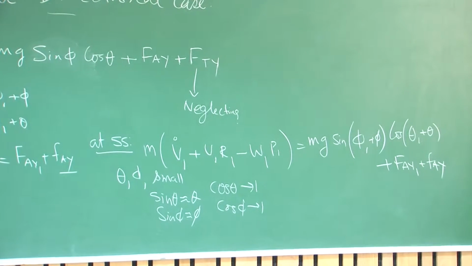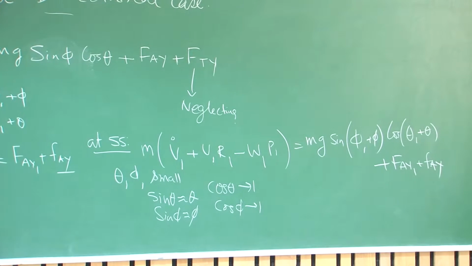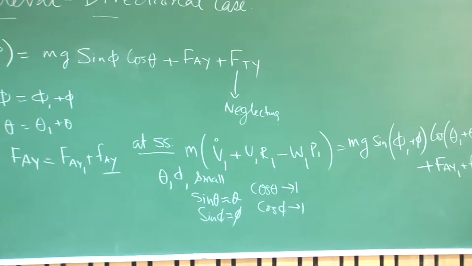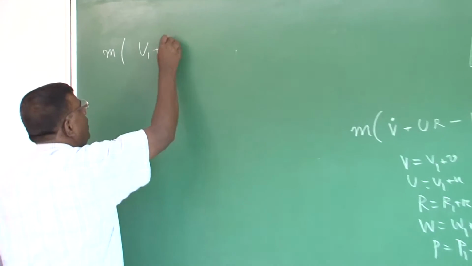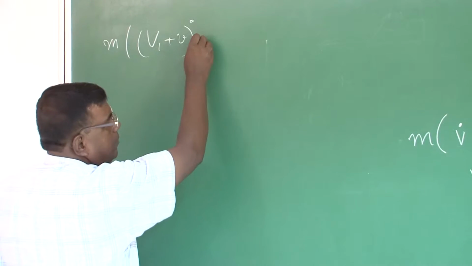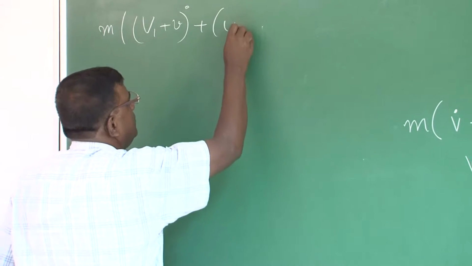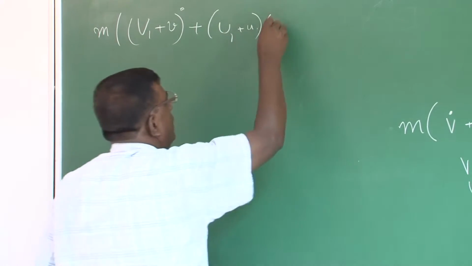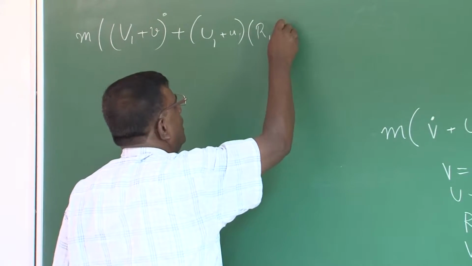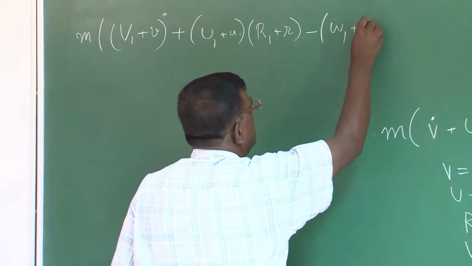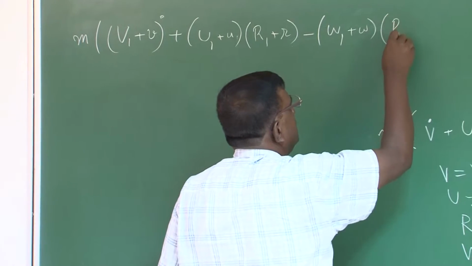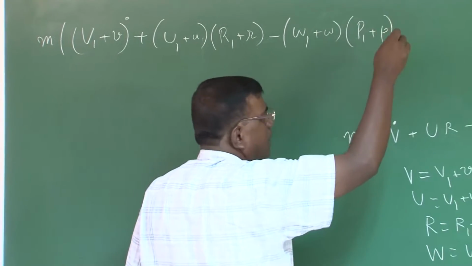And if I give you one more step to just recall what we have done, for the first equation, you write m (v1 plus v dot) plus (u1 plus small u) into (r1 plus small r) minus (w1 plus small w) into (p1 plus small p).